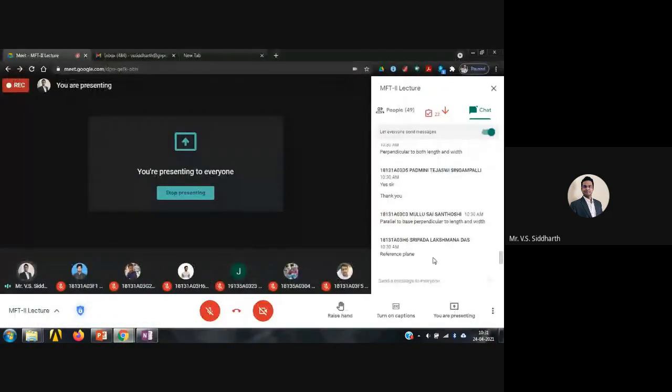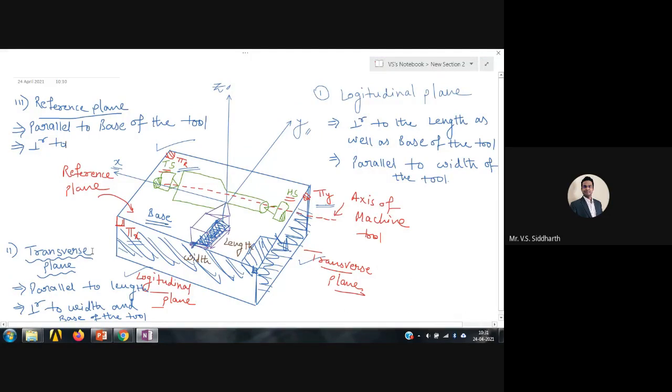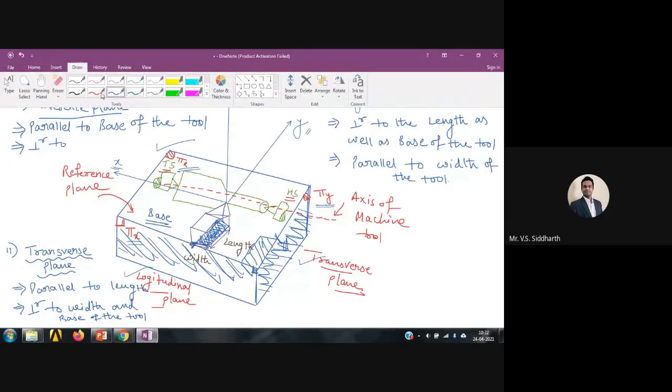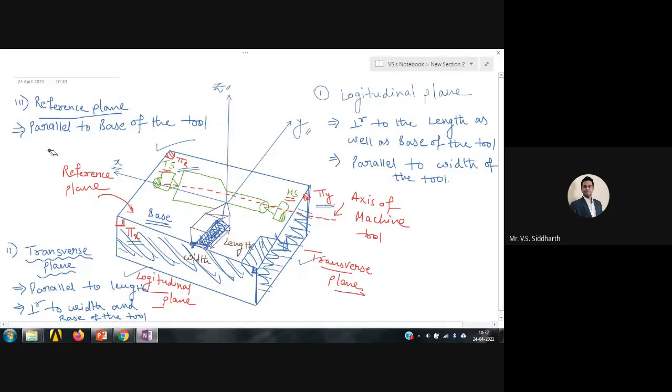We have already given the answer, I guess. So only we will write parallel to base. No need of mentioning that it is perpendicular to the length and width of the tool. Only up to this point we will write.